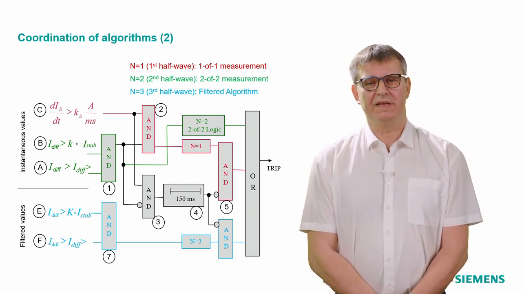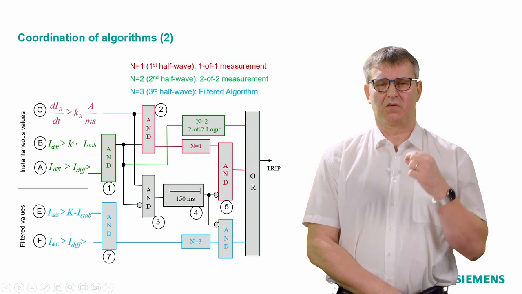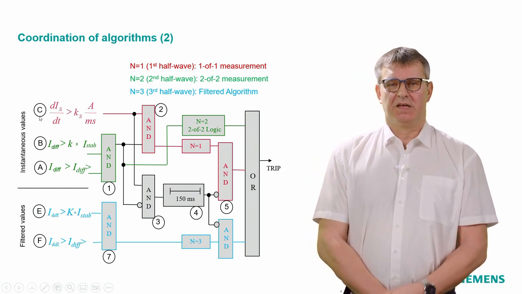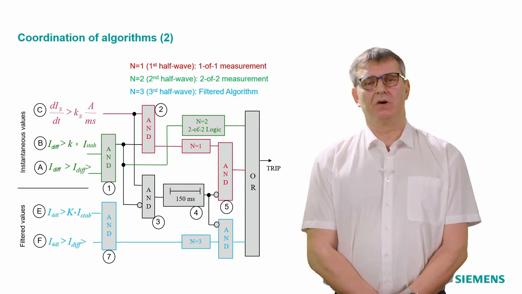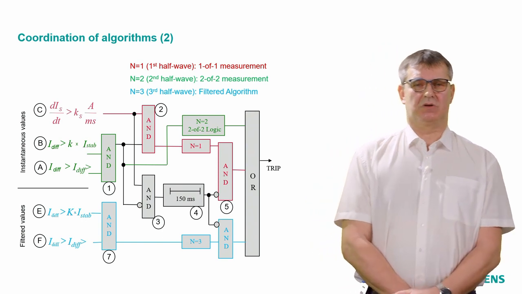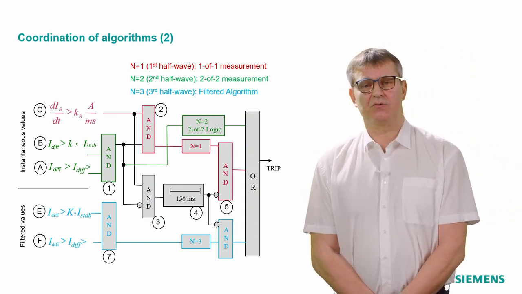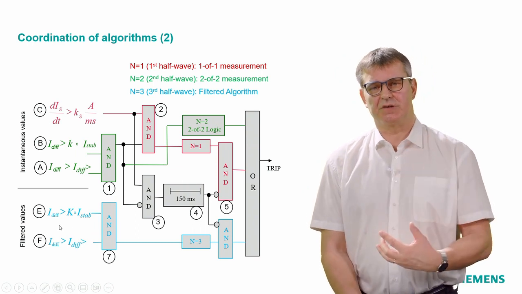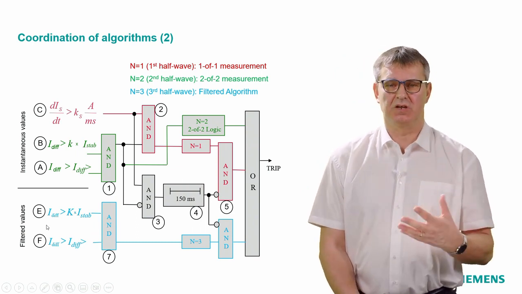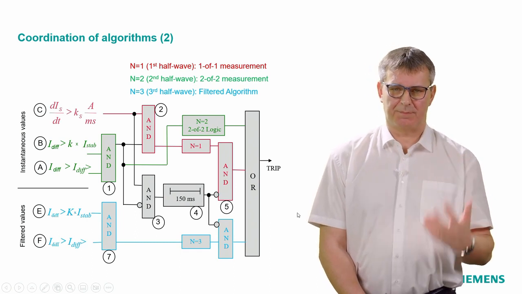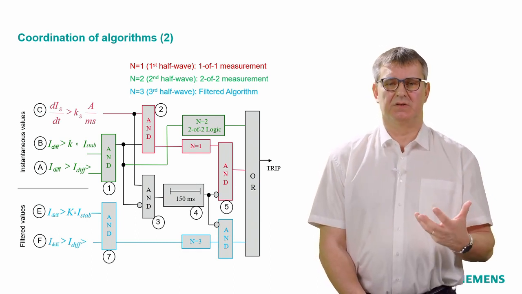You have one input from the 1 out of 1 algorithm, that's red bars. You have the input of the 2 out of 2 algorithm, that's the green bars. And you have the input of the filter algorithm, which is the blue bars. And you can see each algorithm completely independent is sufficient to trip a busbar, a bus zone or the checked zone.